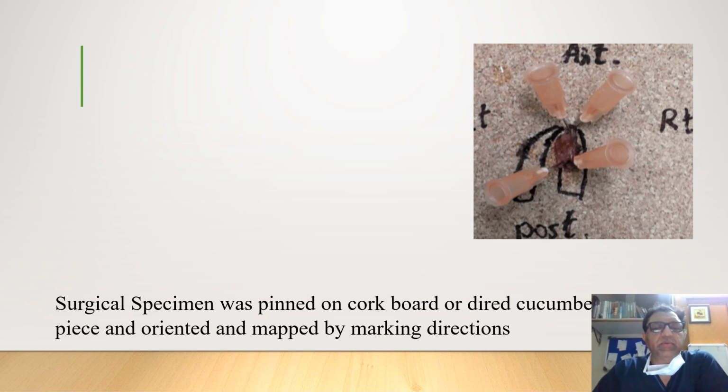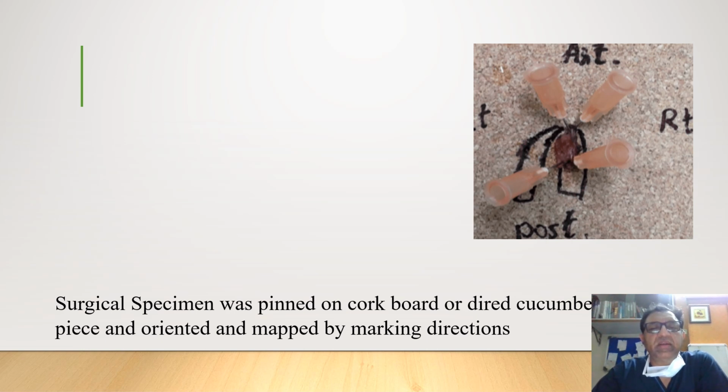Surgical specimens are pinned on a cork or a board. Normally, if I have suspicion of any lesion going deep, I note the deep margin of the excised specimen, or the superficial margin where I am very close to the tumor.